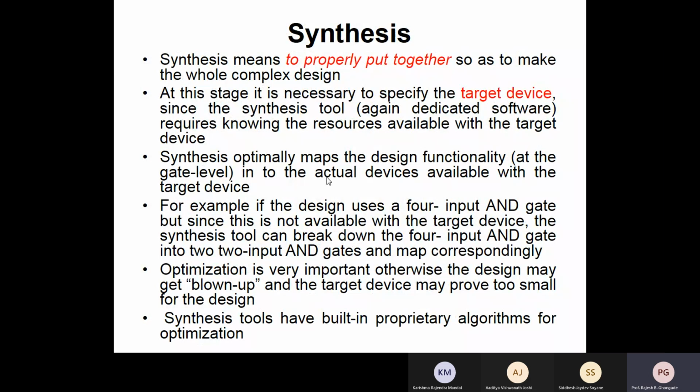If the design uses a 4-input AND gate, for example, but since it is not available with the target device, the synthesis tool can break down this 4-input AND gate and instead use two 2-input AND gates and map correspondingly. So this kind of job is done by the synthesizer.